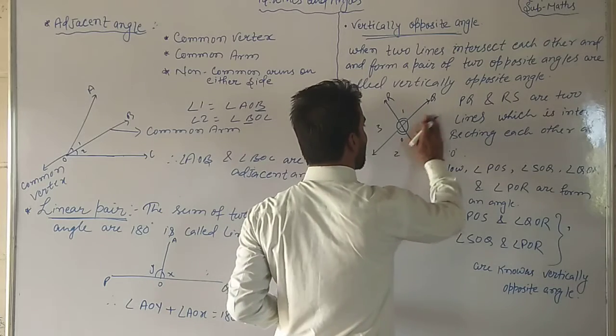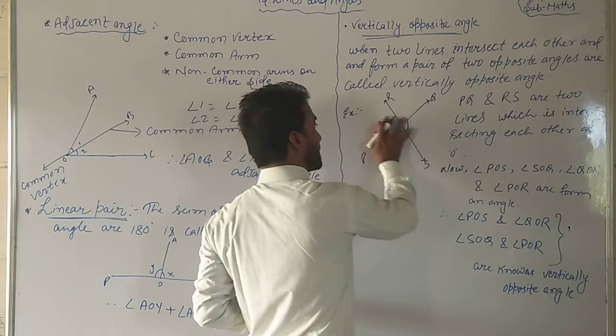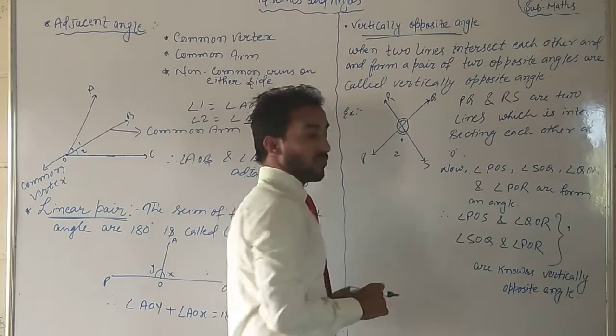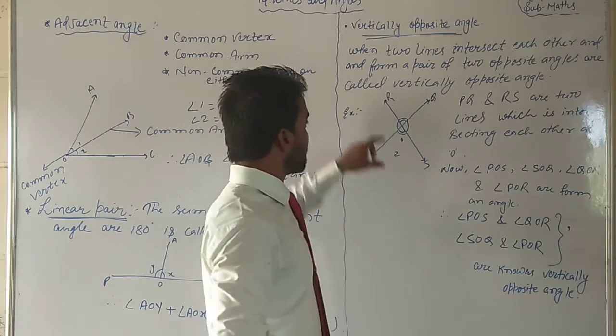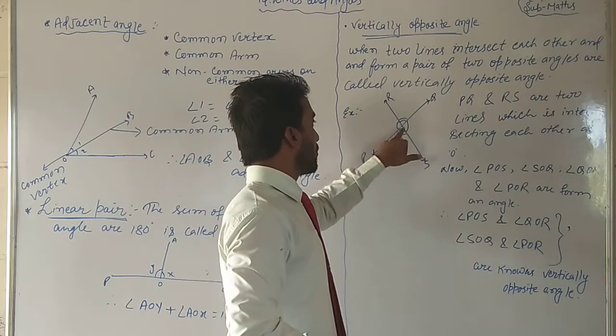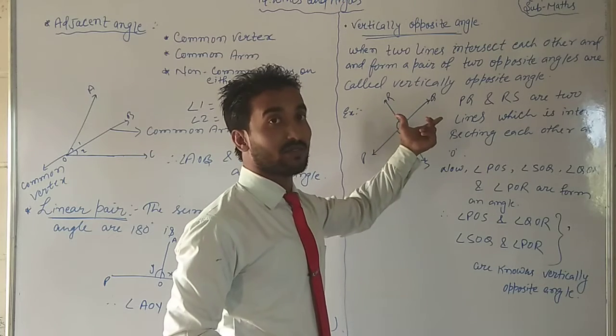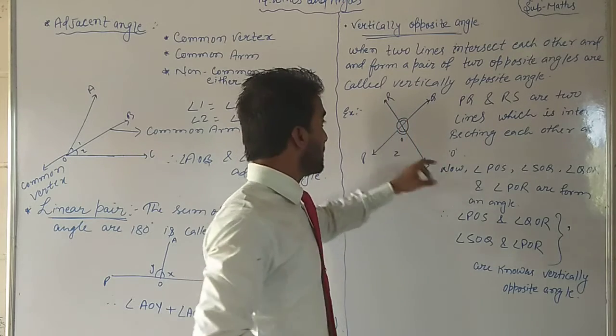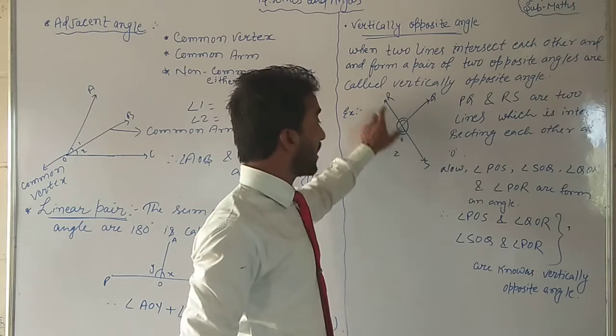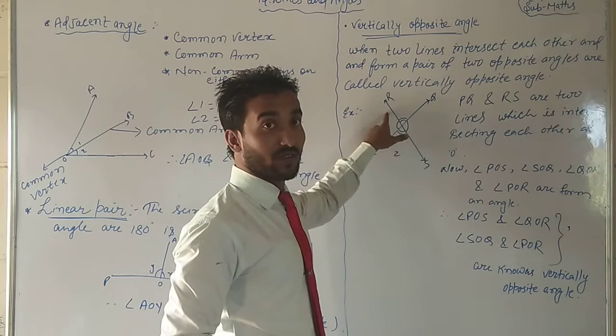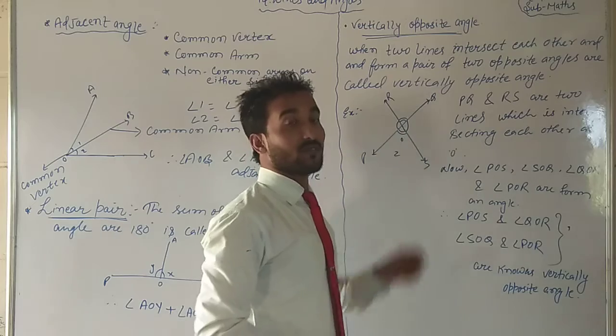Okay, students, it is very important to understand vertically opposite angles. If we take angle QOR and angle POR, they will be adjacent, because R and O are both common: a common vertex and a common arm will be there. That's why they are adjacent.